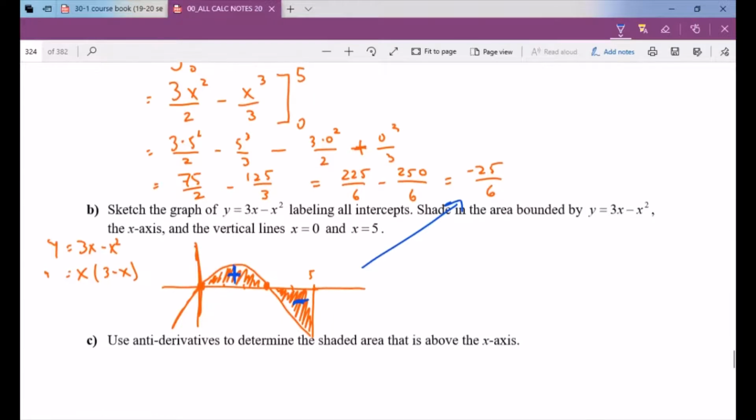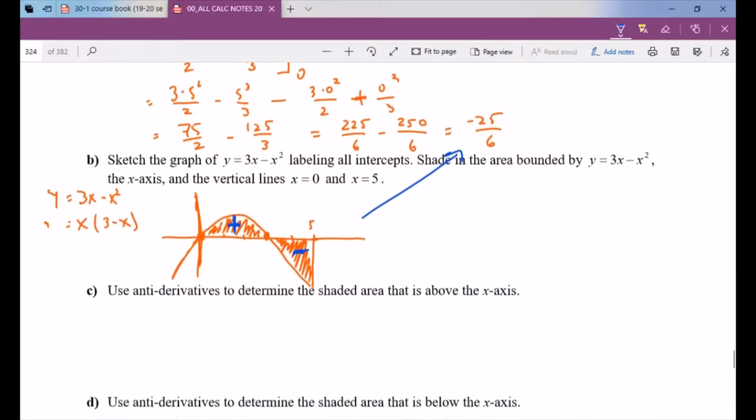So how do we do this differently? Well, in C it says use antiderivatives to determine the shaded area that is above the x-axis.